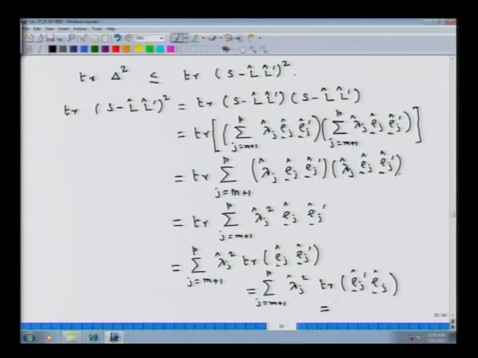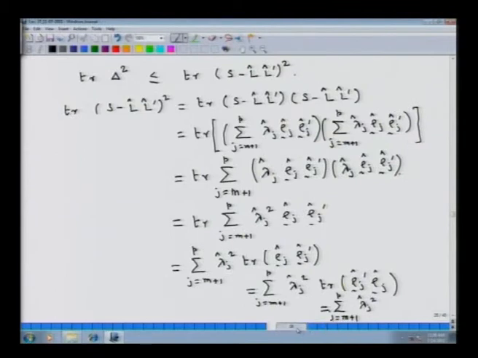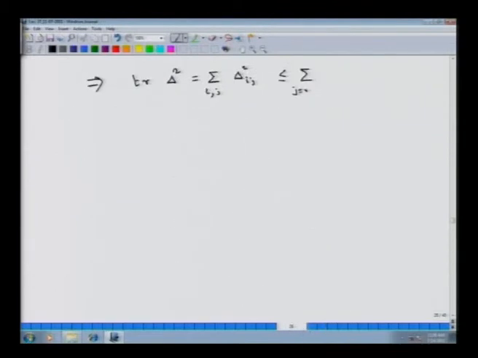So, this summation is just equal to summation j equal to m plus 1 up to p of lambda j hat square. This implies the desired result, that the trace of delta square, which is the double summation over i, j of delta ij square, is less than or equal to the term that we have got here, that is summation j equal to m plus 1 up to p of lambda j hat square.